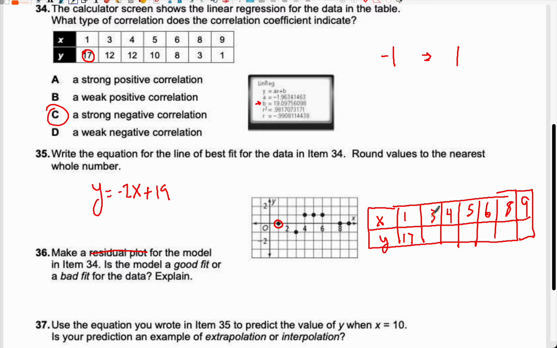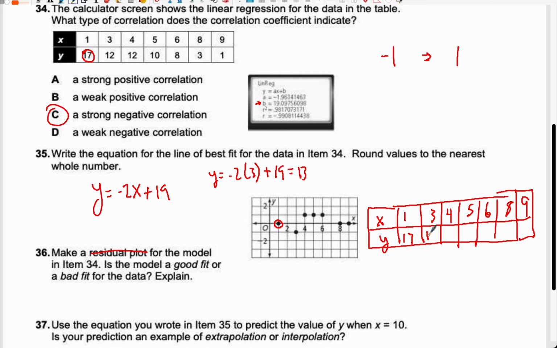My next x value is 3. The actual data says the number is 12. But what does my equation predict it will be? Well, negative 2 times 3 is negative 6, plus 19 equals 13.